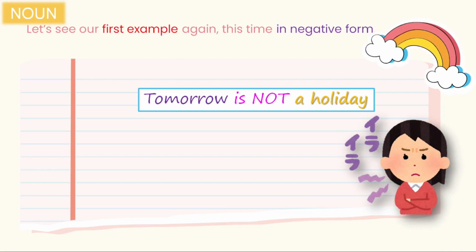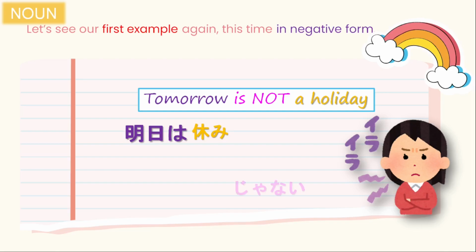Now in this situation, tomorrow is ashita wa. Holiday is yasumi. And to make yasumi into negative, I add janai. Why? Because yasumi is a noun, and we just right now saw that to make a noun or a na adjective into its negative form, we add janai. Fine.